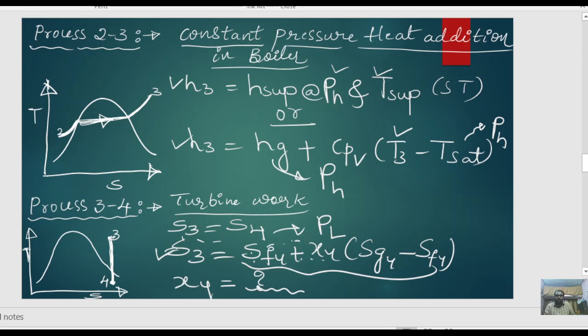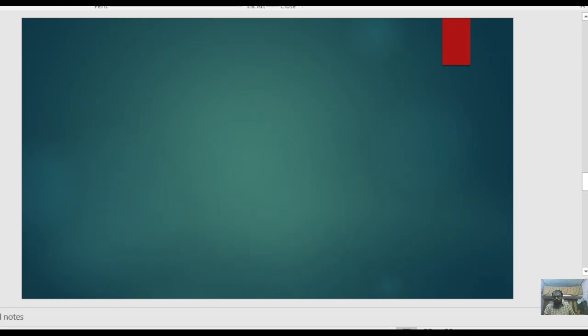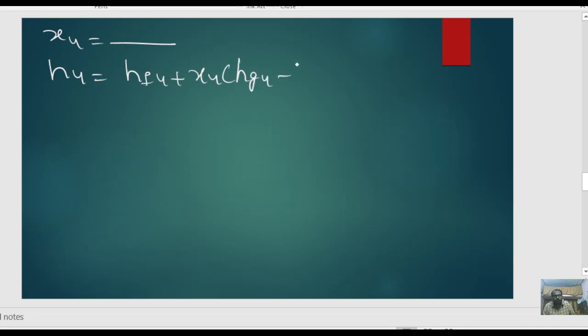Once you find the X4, your next work is to find the H4. That is HF4 plus X4 times HG4 minus HF4.